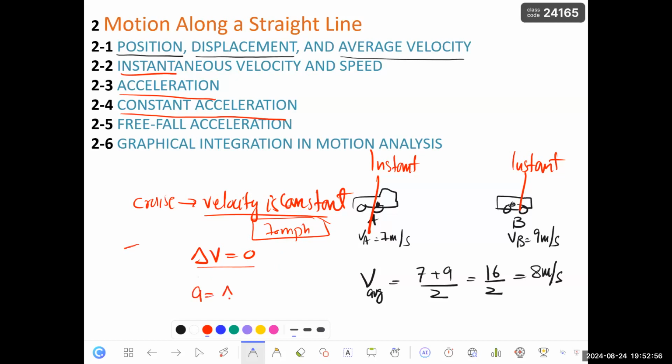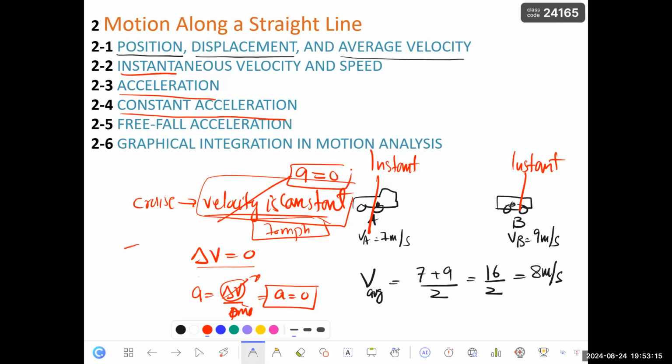So acceleration equals delta V over time. Whatever the time is, delta V becomes 0, so acceleration equals 0. Bottom line, when velocity is constant, acceleration is 0.